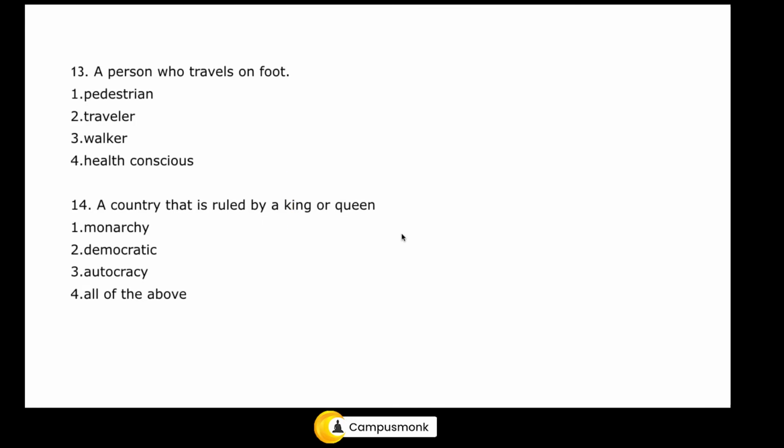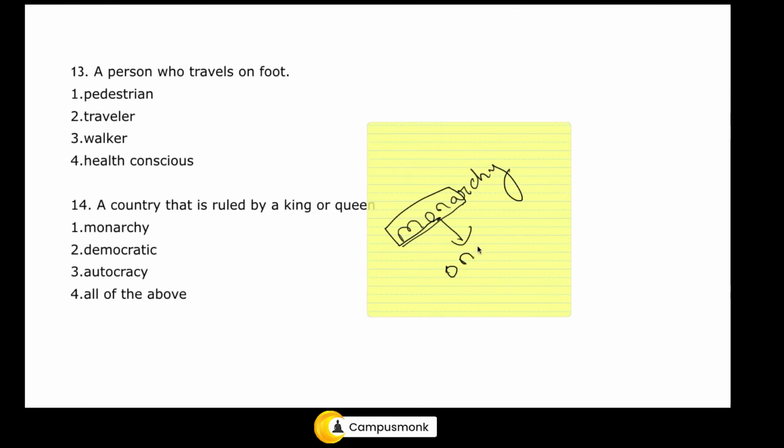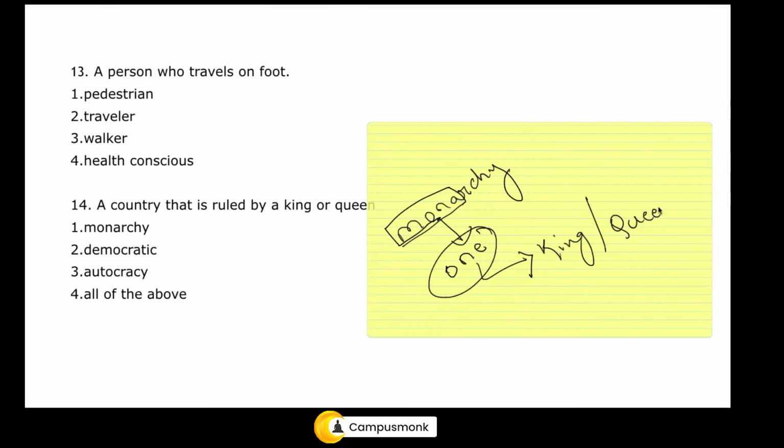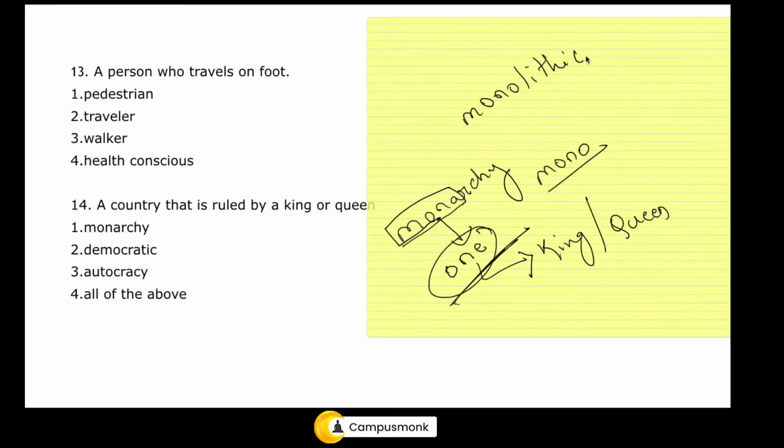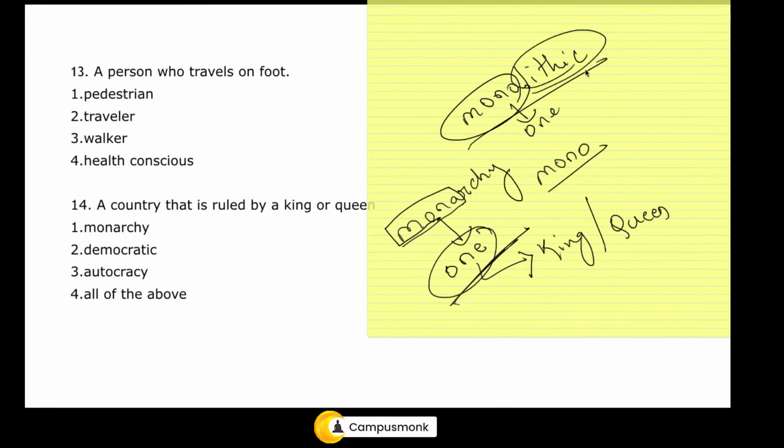You are left with two more things. One is monarchy and the other is autocracy. Now what is monarchy? The term mona, or mono, means one. That means the country is led by a king or a queen, just one person. That is what the term mono means. You have heard of terms like monolithic. What does this mean? Mono means one, lithic means stone.